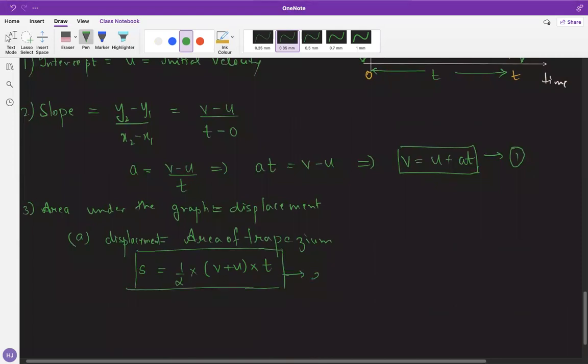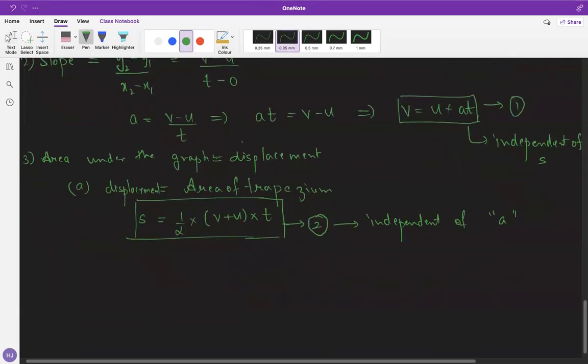If you see, the speciality about the first one is that this equation is independent of s. It means if you don't have information about displacement, you should go for the first equation. The speciality of the second one is that it is independent of acceleration. So if you don't have information about acceleration, you can go for equation number 2.